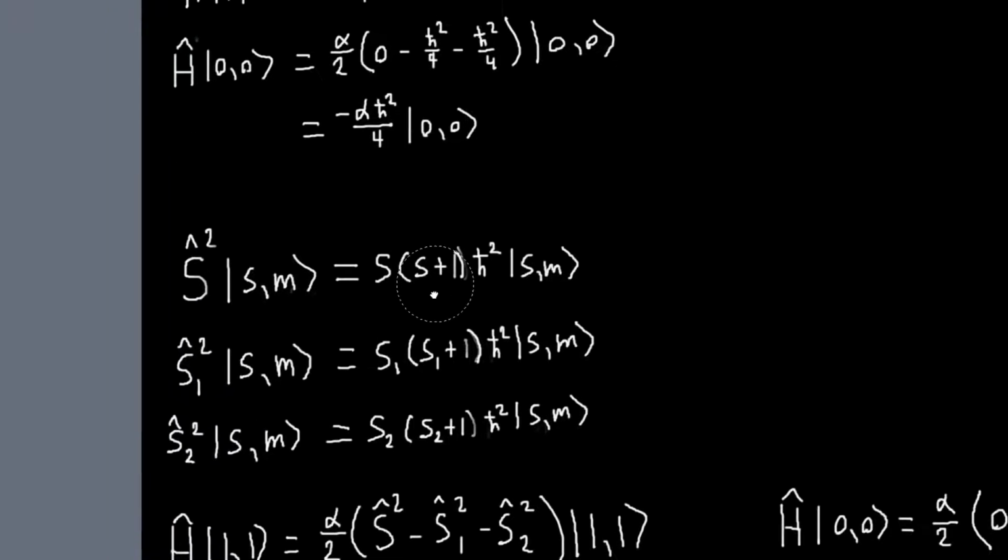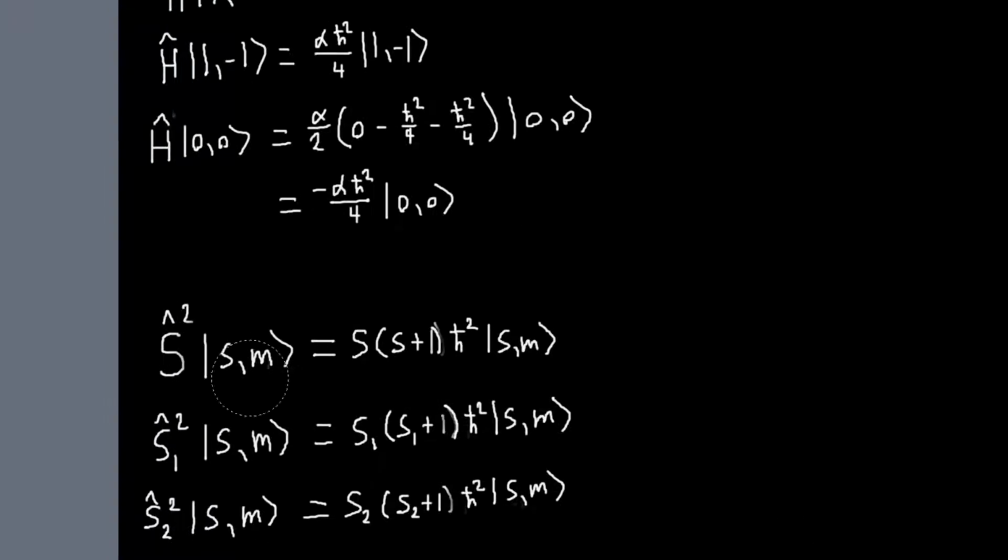Instead, S squared acting on a state of total angular momentum s and z component m will give me s times (s plus 1) times h bar squared, rather than (s times h bar) all squared. I'm not going to get into why that is.